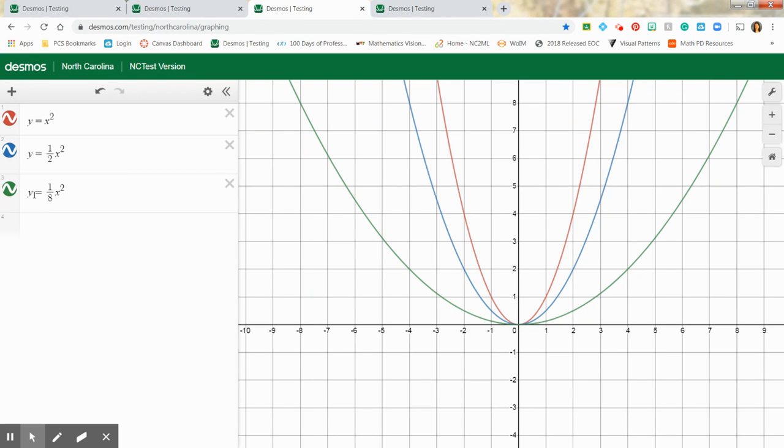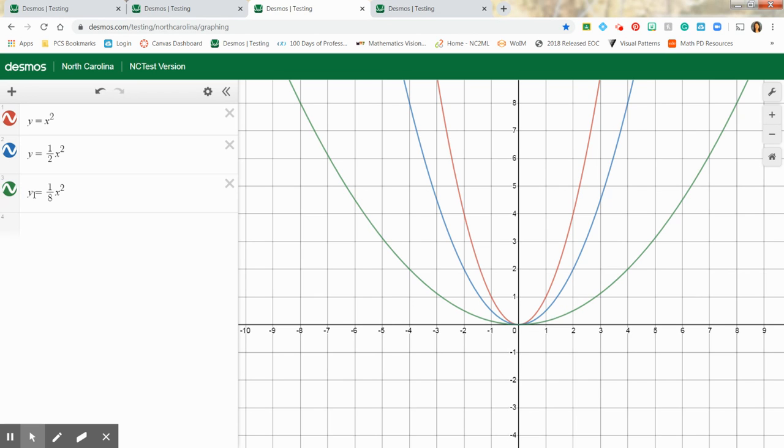So now this is where you got to kind of put your thinking cap on a little bit. 1/8 is a smaller fraction, but it made my graph the widest. So the smaller the fraction, the wider the graph.